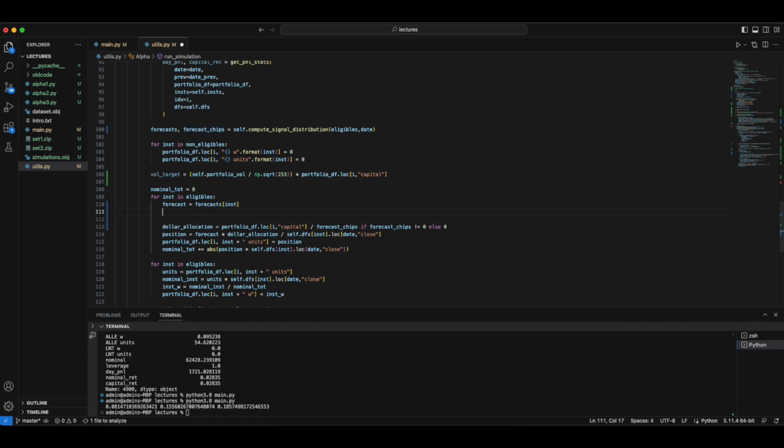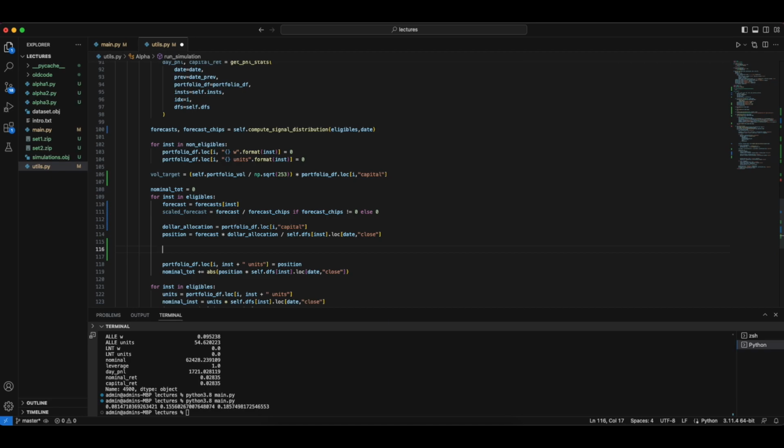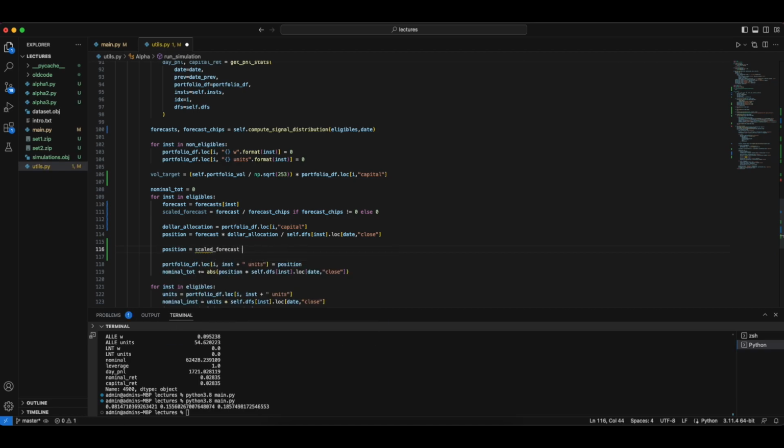Then let's scale our forecast by the number of chips that we have. So this is our scaled forecast. And what do we want to set our position to be? We want to set our position relative to the scaled forecast, and then multiply it by the volatility target.